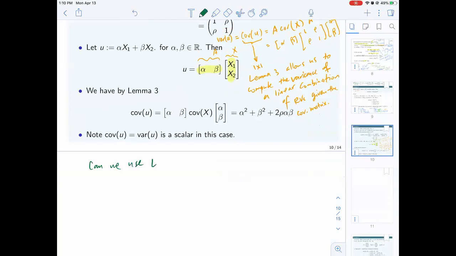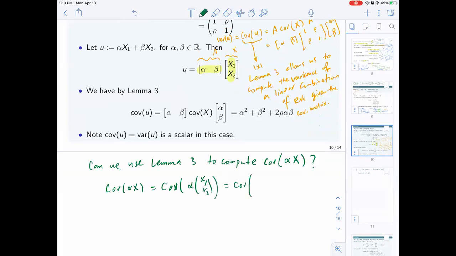Okay, so can we use the lemma to compute the covariance of alpha X? So the covariance of alpha x is equal to the covariance of alpha times x1, x2, or it's just the covariance of alpha x1, alpha x2.